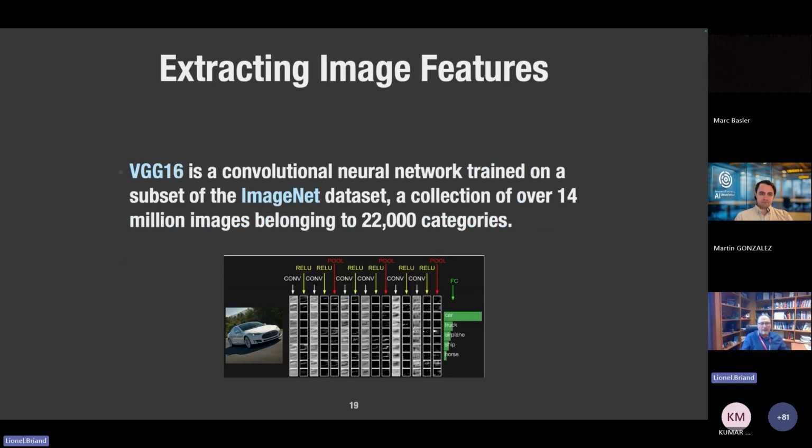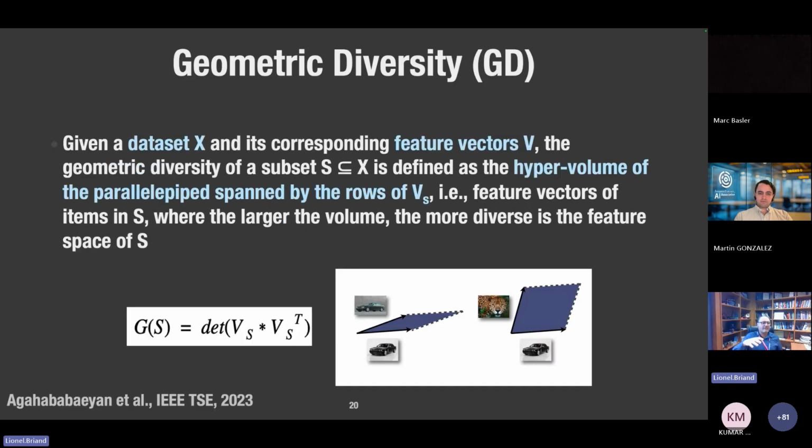So how did it work? First, for all the images that were being considered, we extracted features from those images, in that case, using VGG16. And you are probably familiar with that, so I won't go into the details. And then basically our test set was a matrix of features, where each row was basically a vector of features.